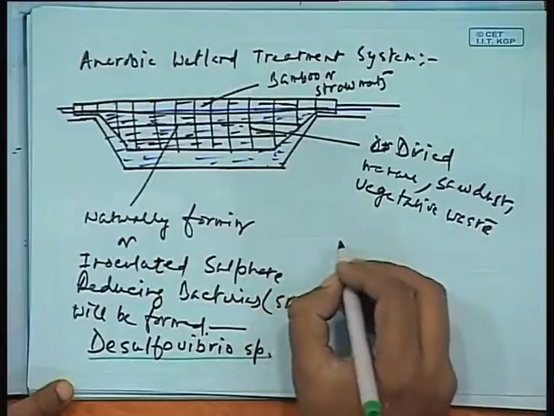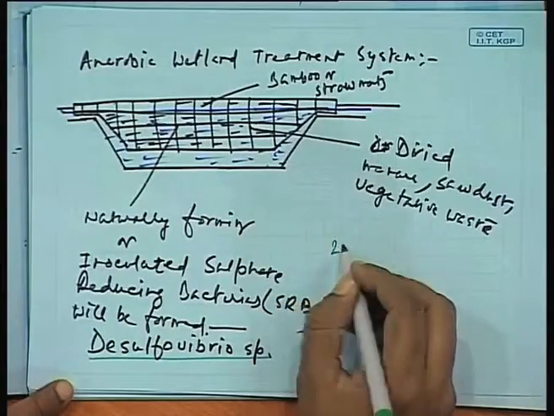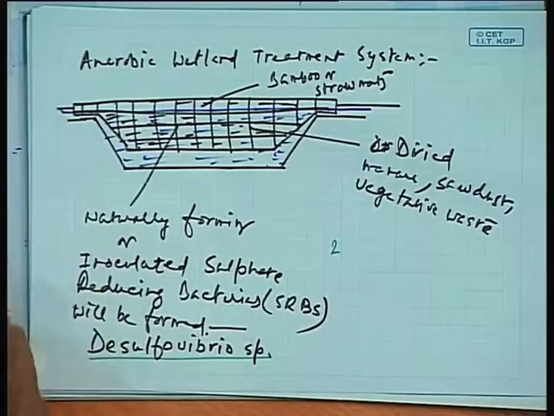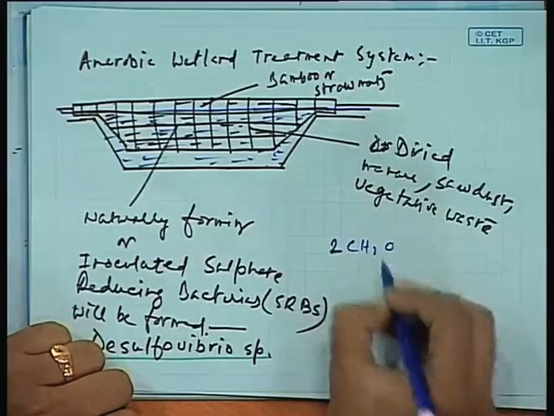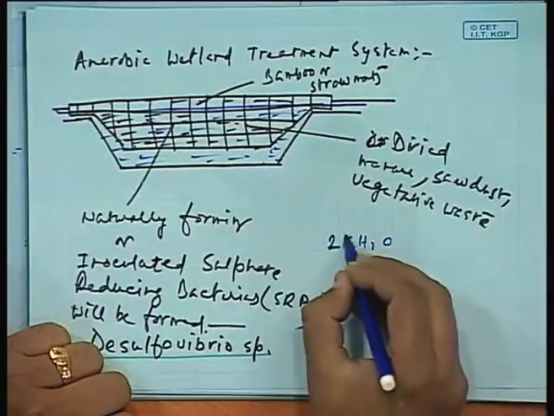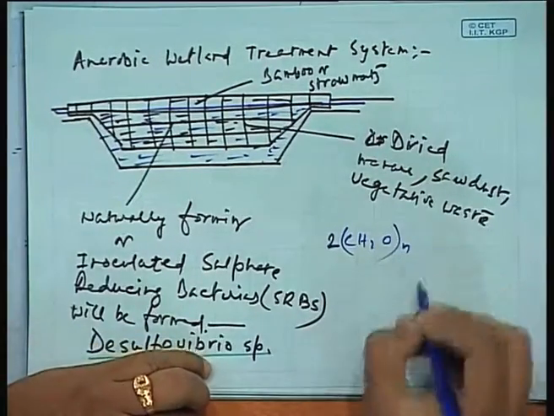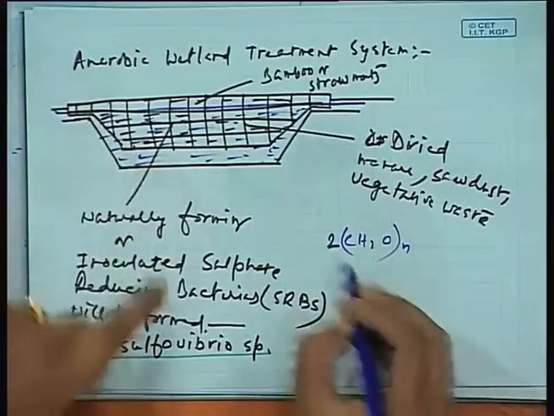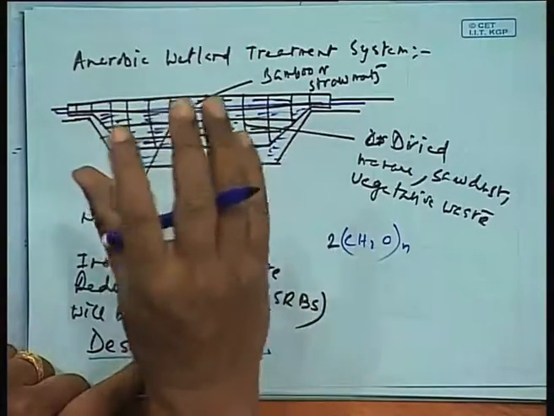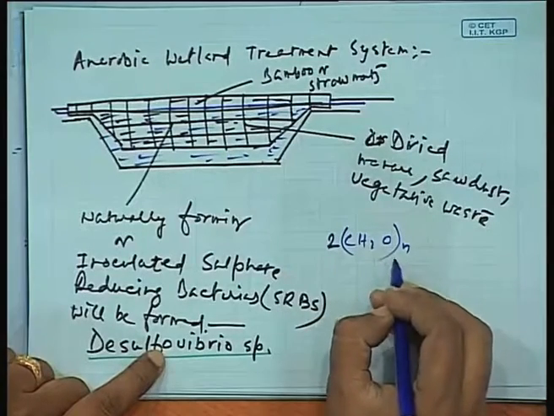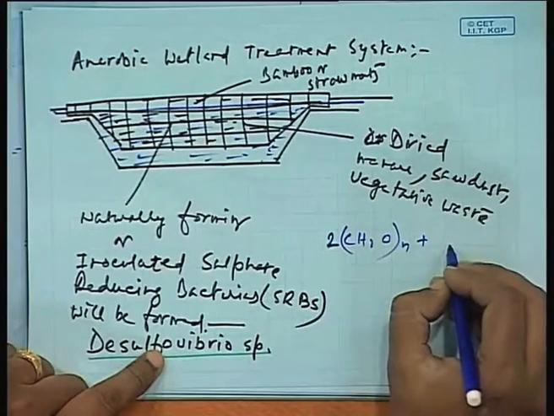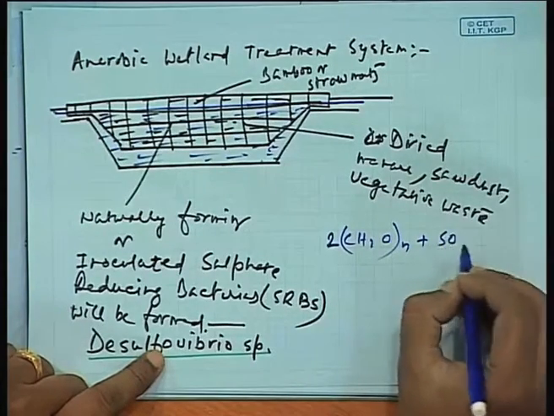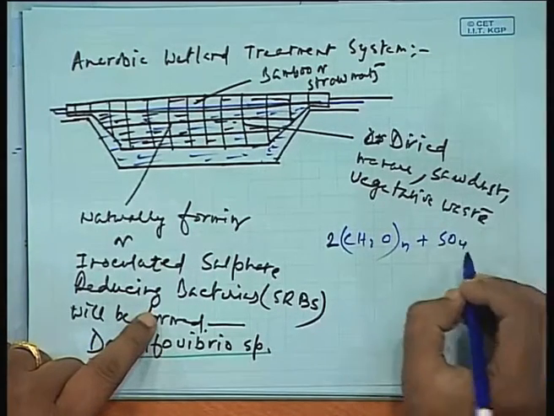Now here it does a very simple reaction. The reaction that generally forms here is 2CH2O. This CH2O is just to represent all the organic material present in the mat itself. This is 2CH2O, an organic substance, plus sulfate, SO4 2-, in the presence of sulfate reducing bacteria, SRB.